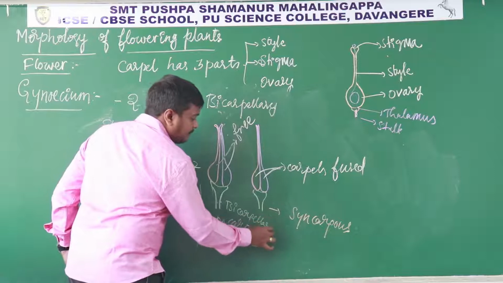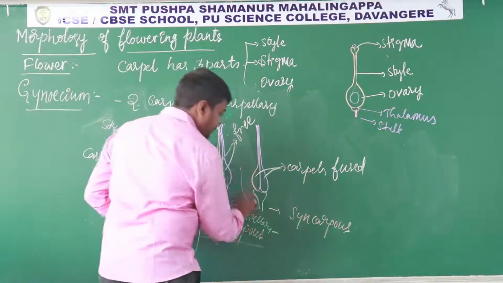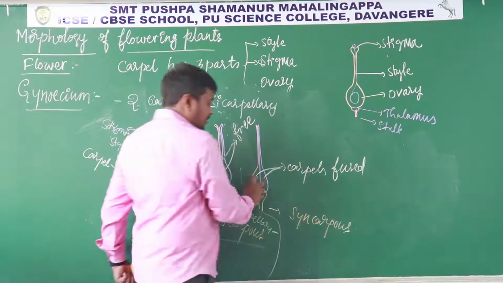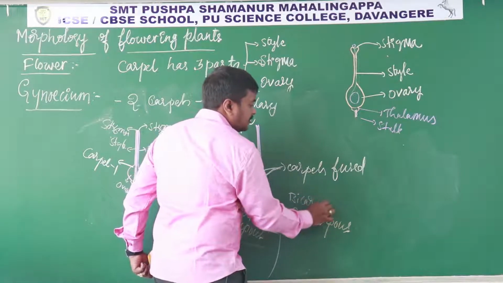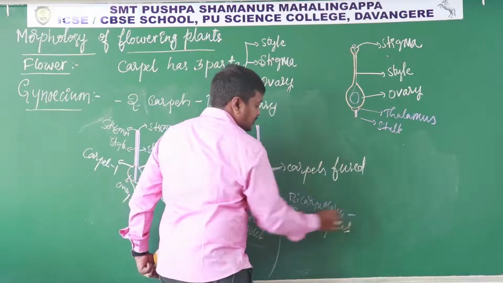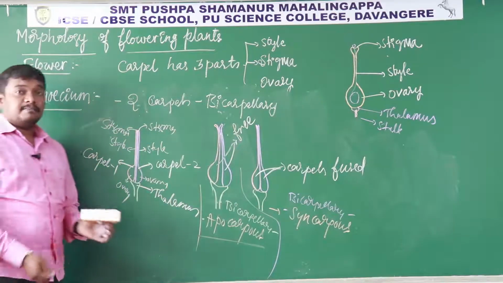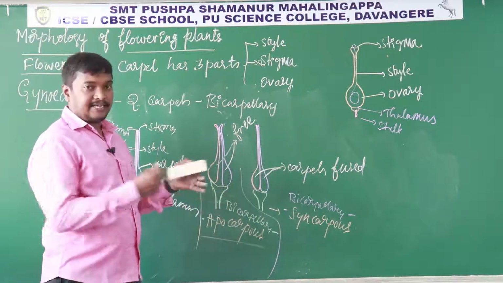It is bicarpellary apocarpus. So this is bicarpellary apocarpus, and this also has two carpels, so it is called bicarpellary syncarpus. So one is bicarpellary apocarpus, another one is bicarpellary syncarpus. Syn means fused, apo means separate.